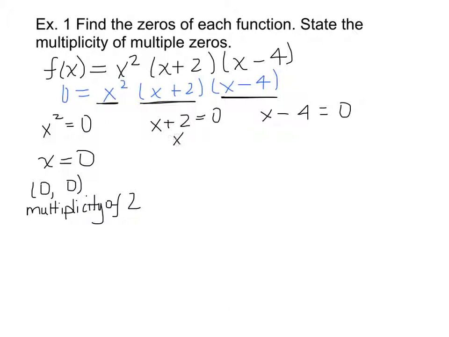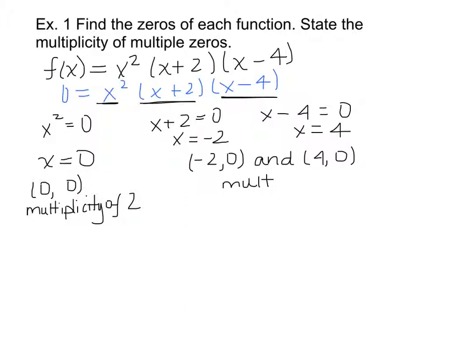This one and this one, -2, 0 and 4, 0, both have multiplicity of 1. Which means at 0, 0 it's going to do a touch and turn, and -2, 0 and 4, 0 are going to actually cross.